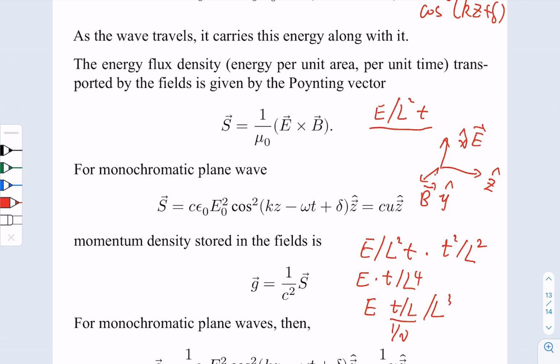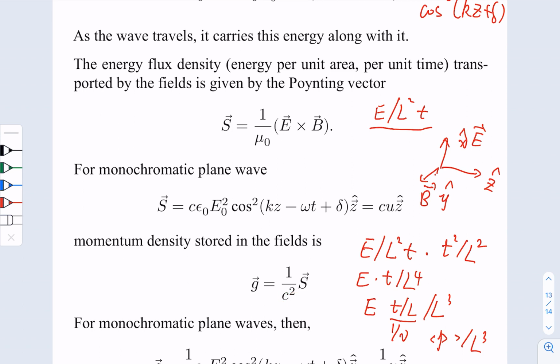So the first term is momentum, and the second term is the unit volume. So momentum per unit volume. That gives us G as the momentum per unit volume, which means the momentum density. So the momentum density stored in the field is simply S divided by c squared.